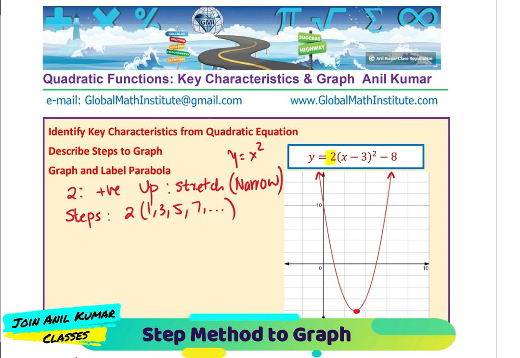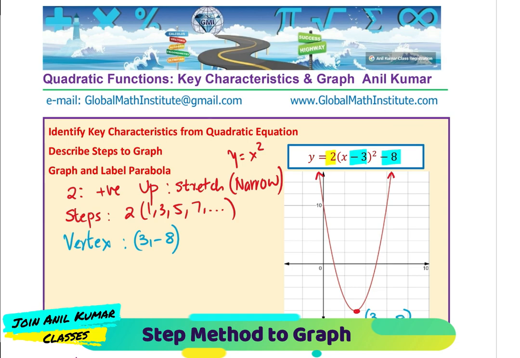And we read the vertex from the point that makes this 0 and what you get after that. So this particular point definitely is the vertex (3, -8). So we get the vertex, which is (3, -8), critical.